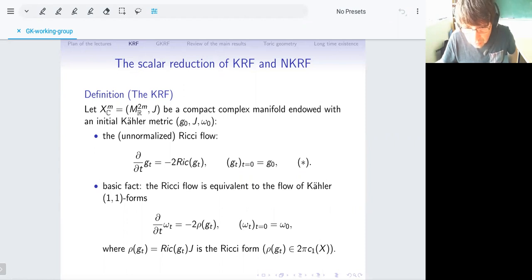So since J is fixed, you will get a flow of the (1,1)-form omega t, where omega t is the Kähler form of g t. And this (1,1)-form will evolve by minus twice the so-called Ricci form. The Ricci form is the Ricci tensor gauged by J. So this rho represents the first Chern class, and it will be a closed object. So at least formally, you see that this will evolve by something which is closed on the right-hand side, and we expect, of course, the solution to be closed. And indeed, that happens to be true. So the Riemannian Ricci flow, if you start from a Kähler background, will remain Kähler as long as it exists.